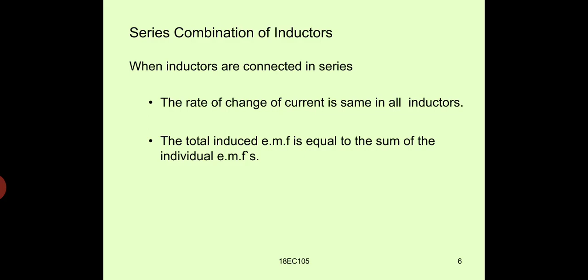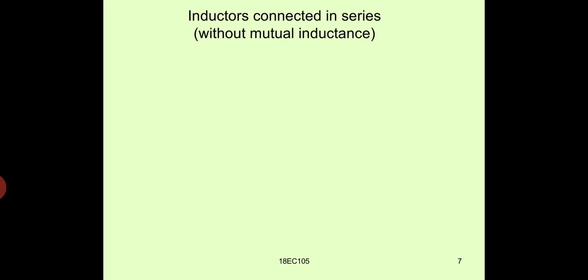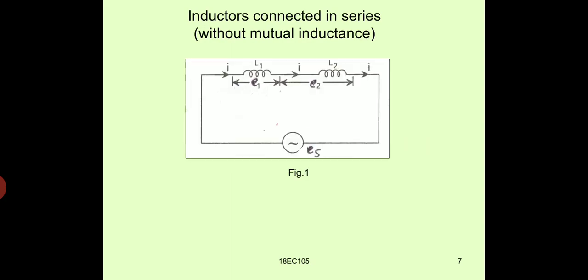So the total induced EMF will be equal to the algebraic sum of the two individual EMFs. Now let us see when they are connected in series. This is the case we are considering without any mutual inductance. That means we are assuming that there is no interaction of the fluxes between each other.